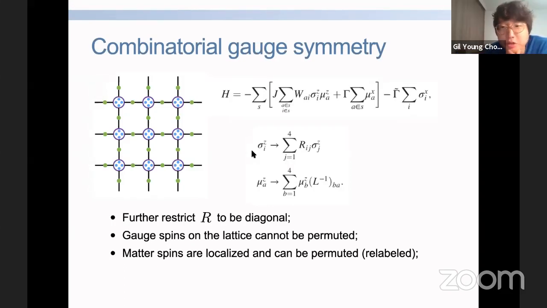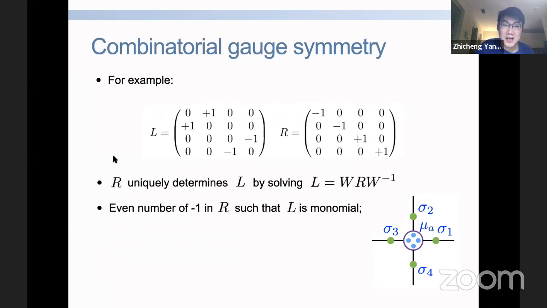I have a naive question. So you restricted R to be diagonal, and is that the reason why I got the Z2 spin liquid instead of a bigger, like permutation gauge theory? That part is related, but it's actually in the second slice. Remember, I require the W matrix to be invariant under the L and R. So once I specify my R matrix, for example, let's say I want to flip sigma 1 and sigma 2, the R matrix is basically -1, -1, and +1, +1.